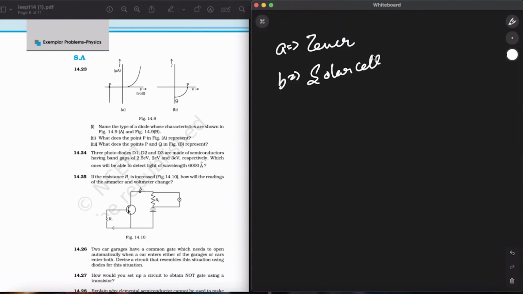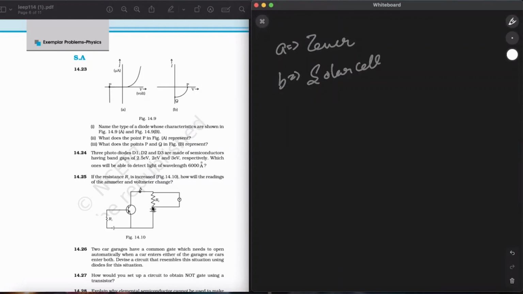For point Q, the battery is short circuited, hence it represents the short circuit current. The other point P in figure B represents the open circuit. So voltage is there, but the current is zero through the solar cell. It means there is a battery connected to the solar cell which gives rise to equal and opposite current to that in the solar cell by virtue of light falling on it.